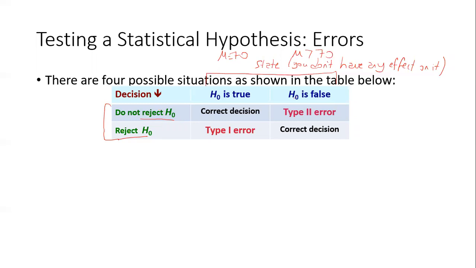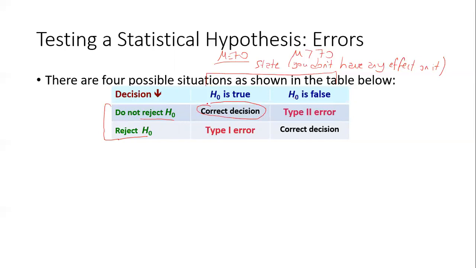So let's think about this. If H0 is true, so if in the underlying model mu is equal to 70, and you do not reject H0, then that's a correct decision.